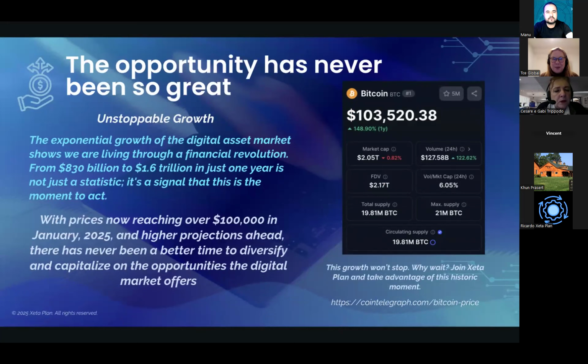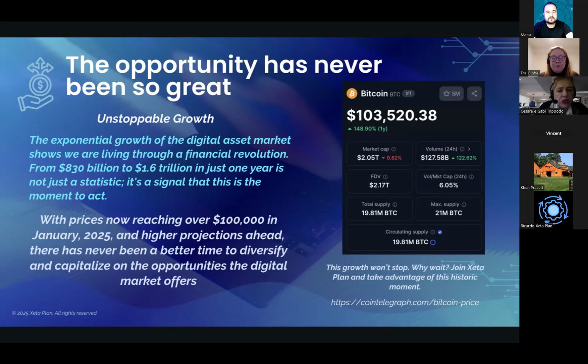And the opportunity has never been so great. The crypto market keeps on growing and growing every day with new projects, new everything happening there. Last year, the industry doubled, going from $830 billion to over 1.6 trillion. And it keeps growing.